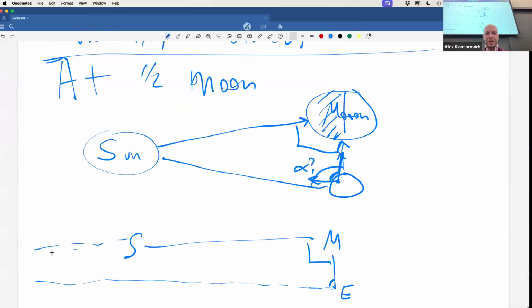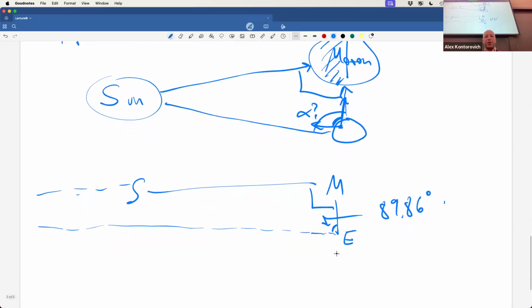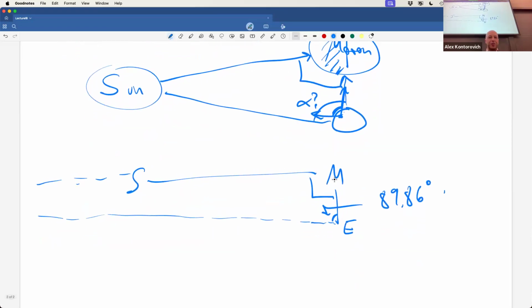So what does that mean? If this angle here is 89 point, what did I say, 86 degrees? So in this triangle, what is the ratio of the distance? So here's the distance to the moon, and this is the distance to the sun. This side is the distance to the moon.